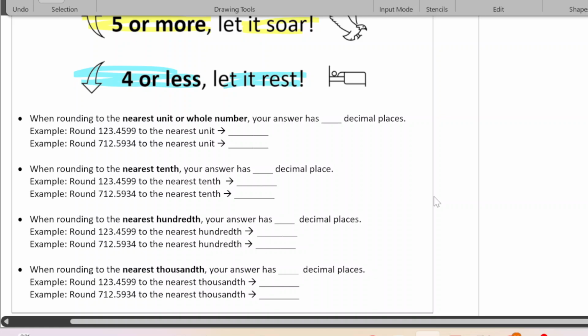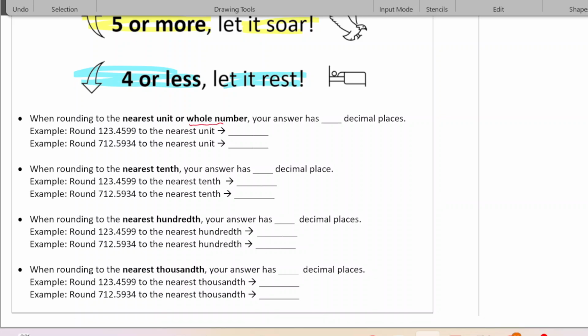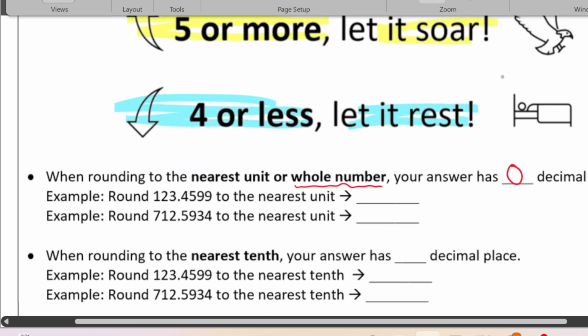Okay, so first we're going to round to the nearest whole number, or the nearest unit. So that means we want no decimal places. Here's an example: 123.4599. That's the same example we saw above. I'm just going to zoom in here so we can see this a little bit better.